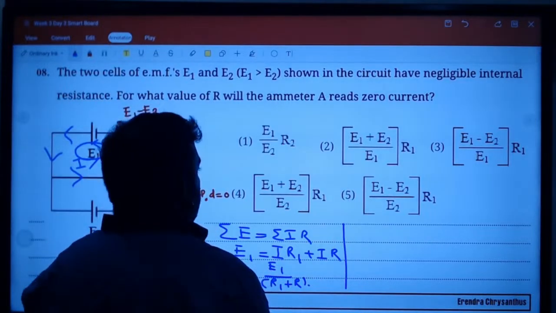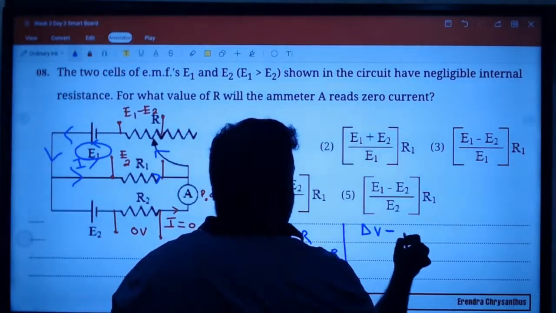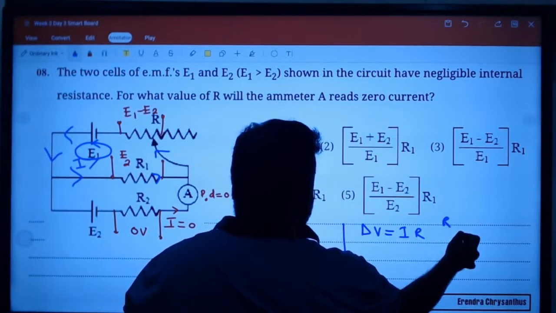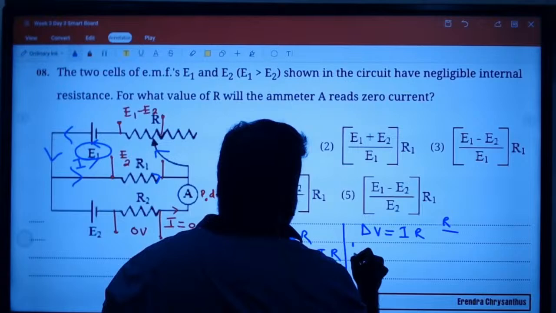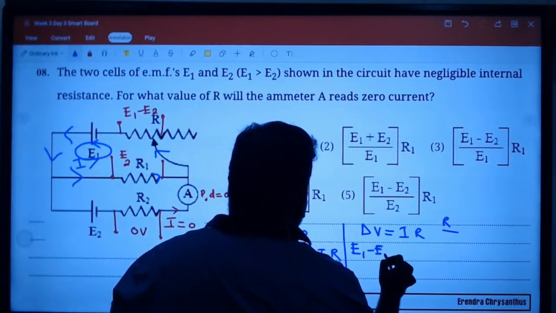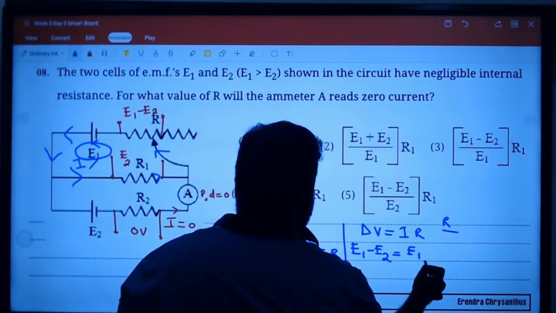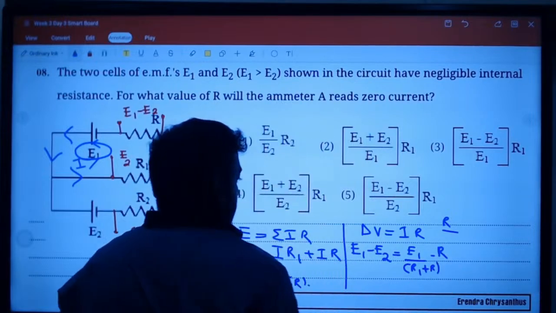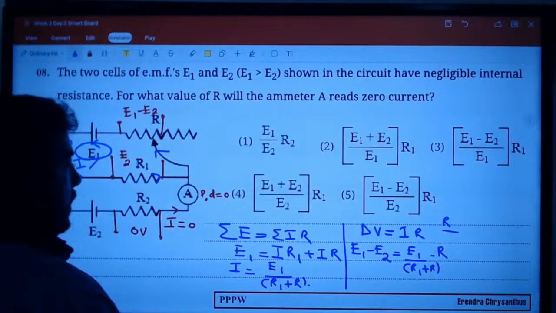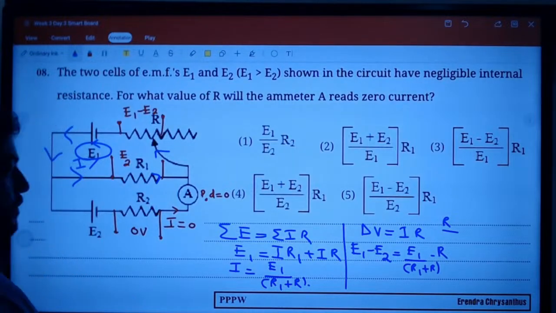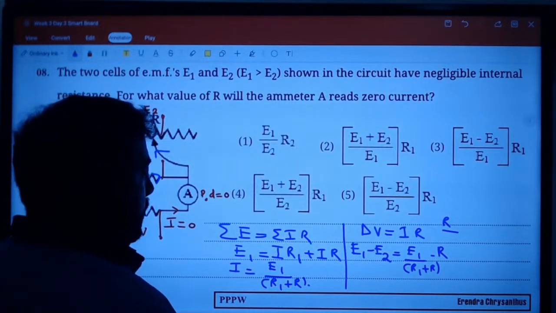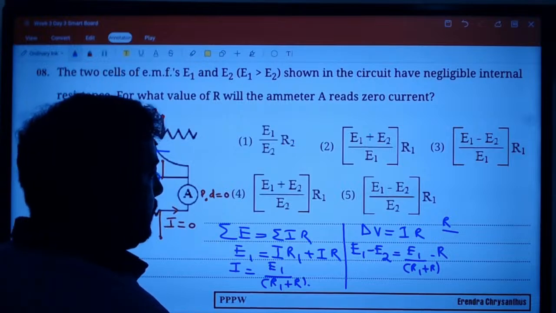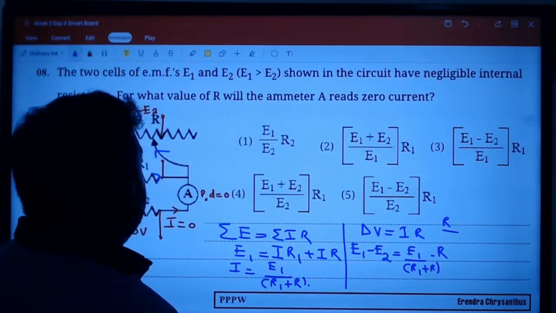Now what's the voltage across the resistor? Delta V is equal to IR across R. Potential difference there is E1 minus E2. Current is E1 divided by R1 plus R, times R. So if you simplify the relationship, what are they asking?